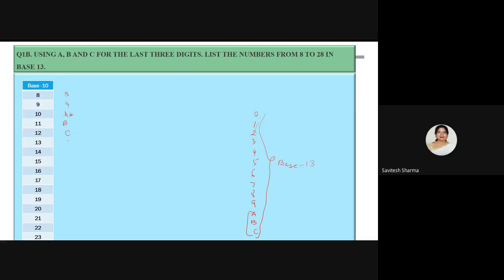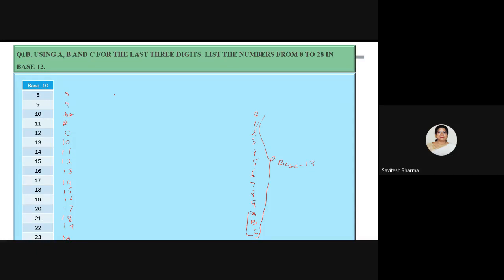Again you will start with 0, but you will use another digit, 1. So you will write 10, 11, 12, 13, 14, 15, 16, 17, 18, 19, and now 1A.